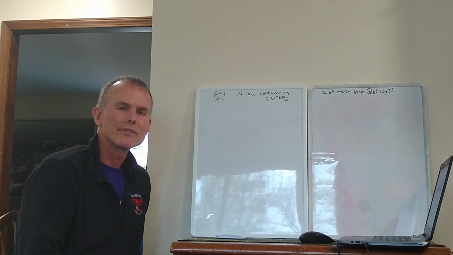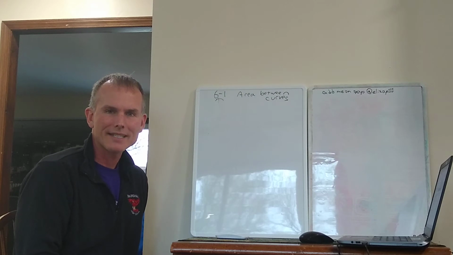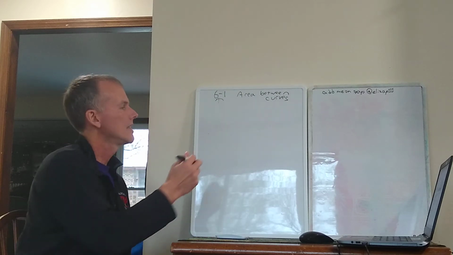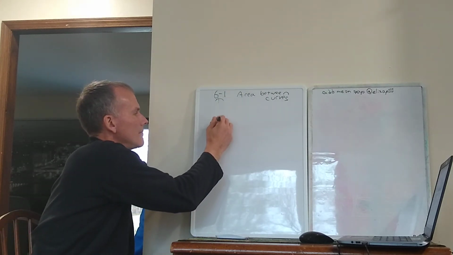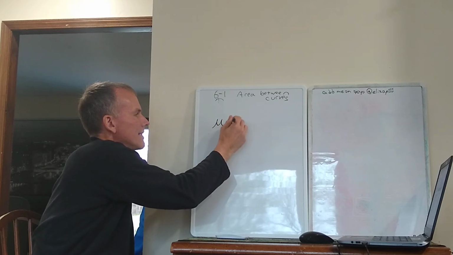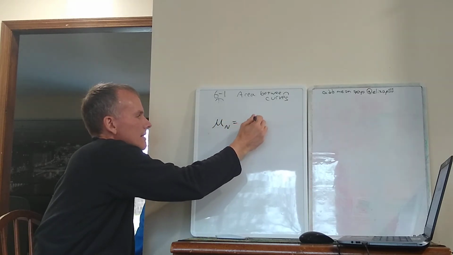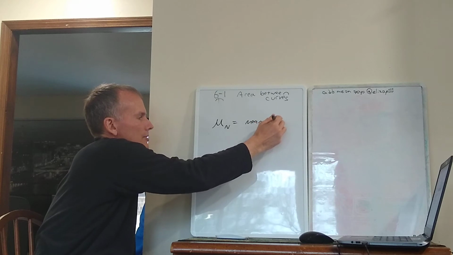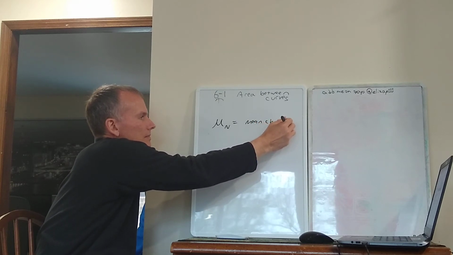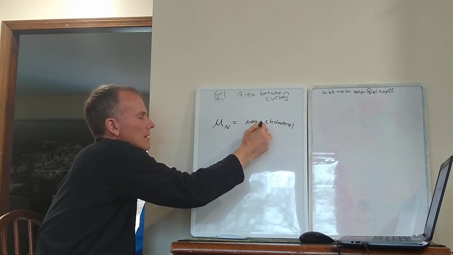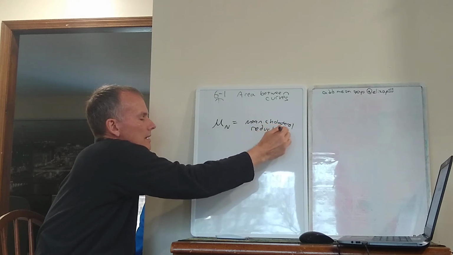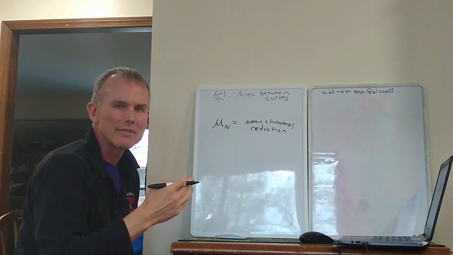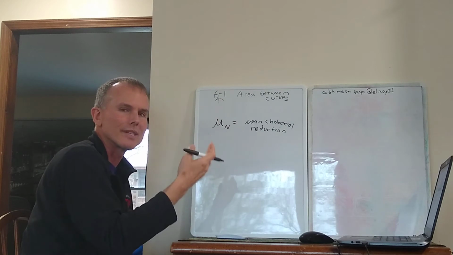For example, if you were going to test the effectiveness of two cholesterol drugs, you could call mu sub n the mean cholesterol reduction for patients taking the new drug, where n stands for new.